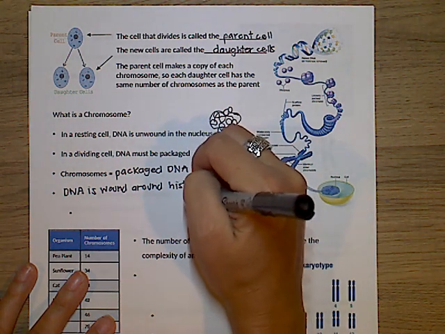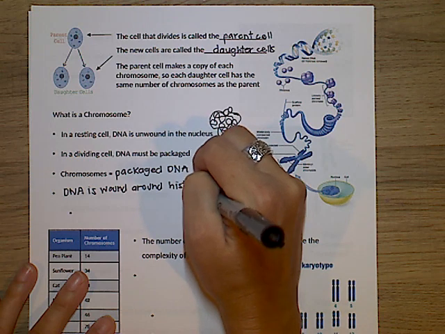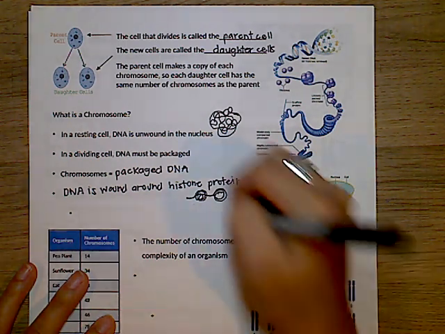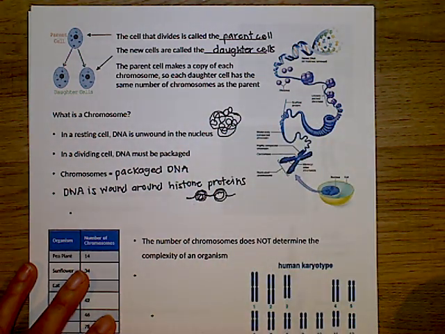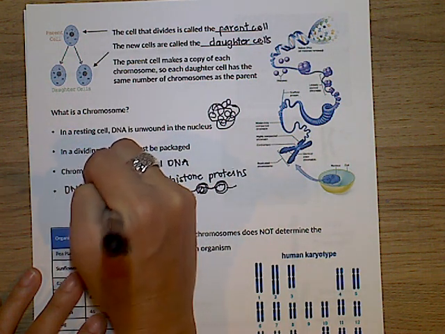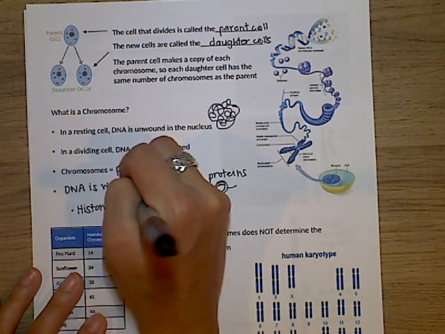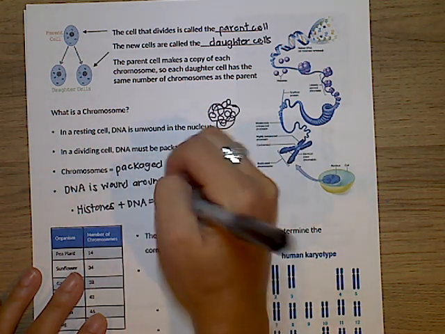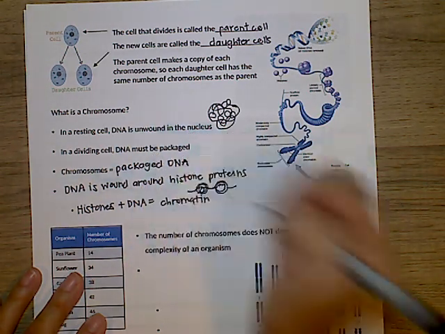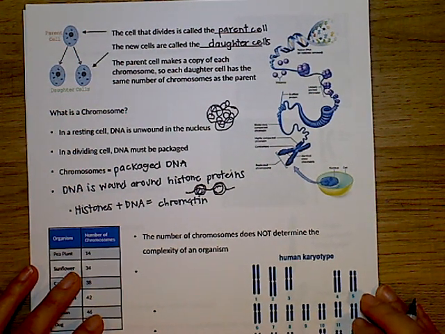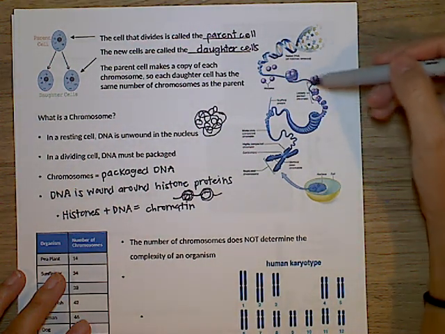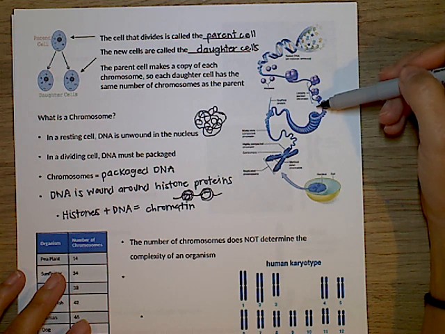So think of this as the histone, and the DNA wraps around it. Another histone nearby, it starts to wrap around it just to organize itself into a chromosome. So the histones and the DNA together we call chromatin. So in our picture here, as it starts to wrap around the histones, we are now referring to it as chromatin.